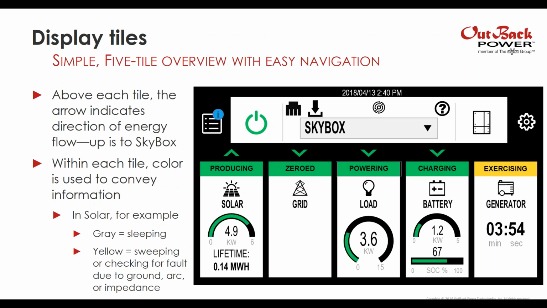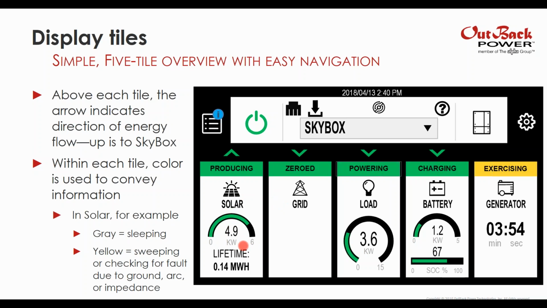We use a simple 5-tile overview for easy navigation, and above each one of the tiles, the direction of the arrow shows energy flow. Up is going to SkyBox, and down is coming from SkyBox to that particular port. Within each tile, the color is used to convey information.